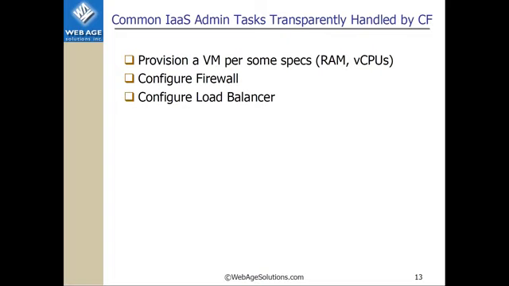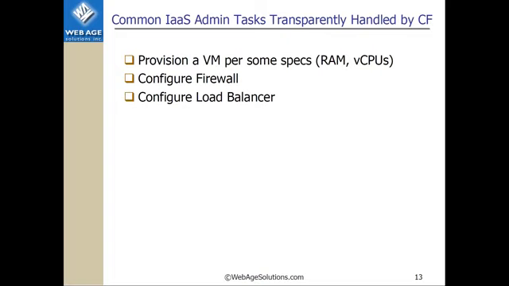Firewall configuration is done. Also, you have some options to open ports, close ports. It's not as elaborate as you would find on a specific IaaS, right? But nevertheless, it's powerful enough, and there are certain extensions that you can use to make it really powerful.